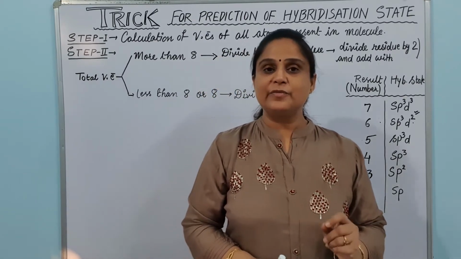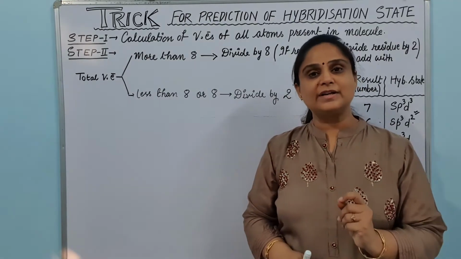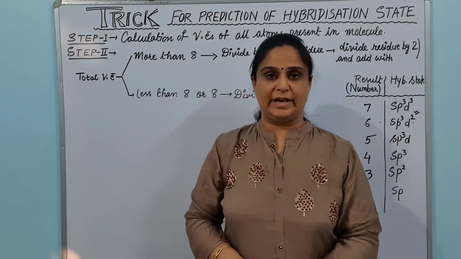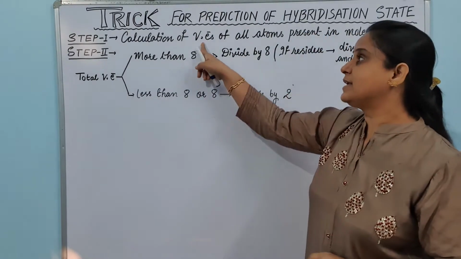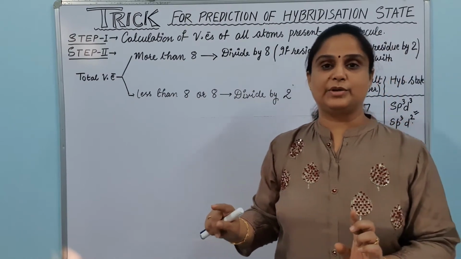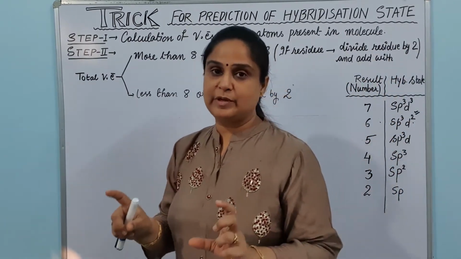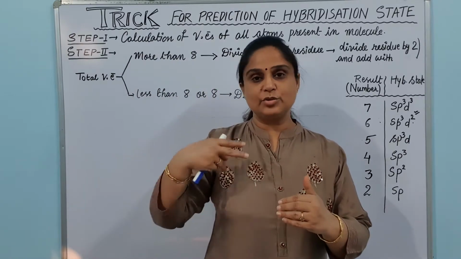Okay, so first of all we will understand the trick and then we will apply it to calculate the hybridization state of an element. In the first step, you will calculate the valence shell electrons of all the atoms present in the molecule. So you calculate the total number of electrons first, and whatever the answer is, I have divided them into two categories.